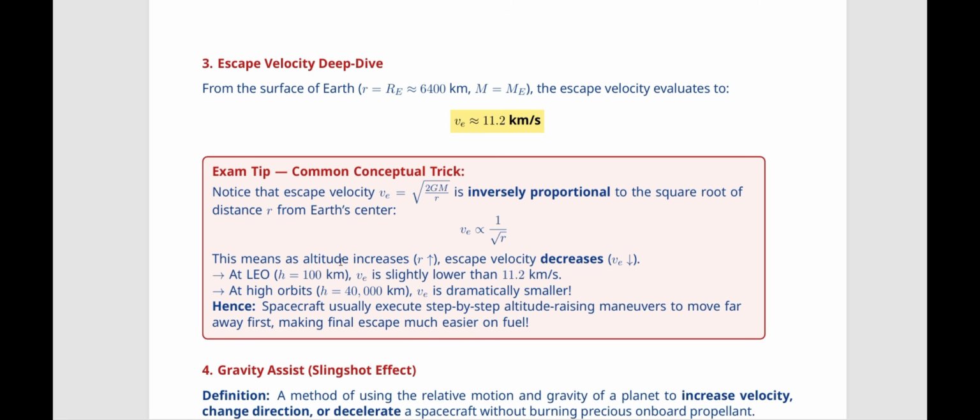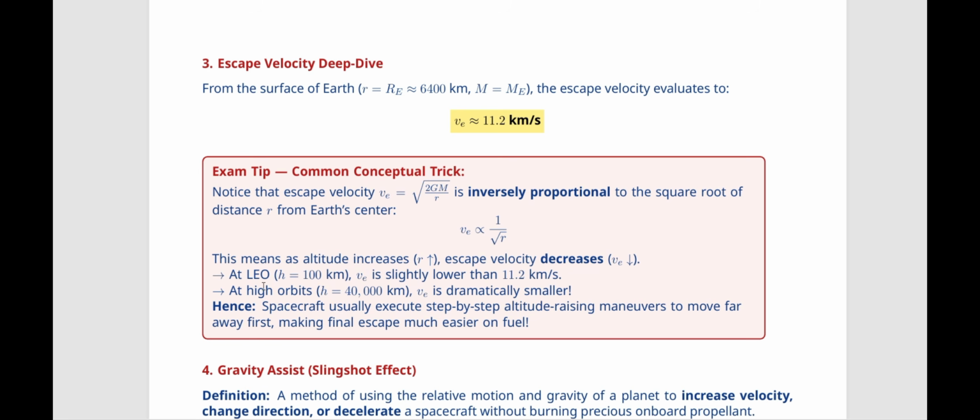When altitude increases, when the satellite is going up, the escape velocity decreases because the gravity of the Earth in space is low compared to the surface of the Earth.